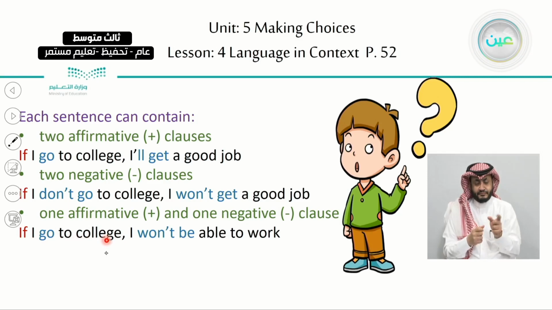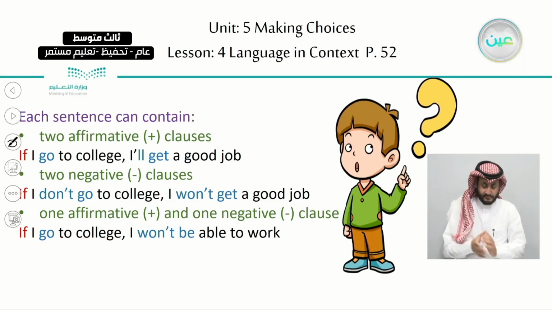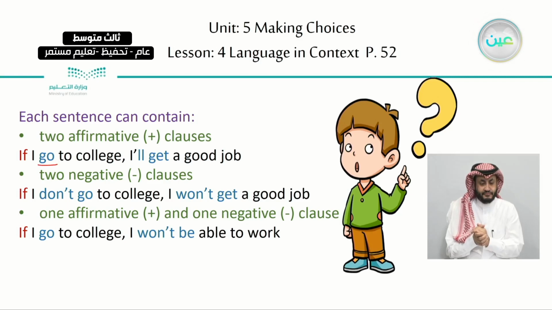If I go to college, I won't be able to work. Okay, this is how we form the statements. We form two positives, and two negatives, and we have sometimes one positive, one negative when we are forming the clause statements, okay?